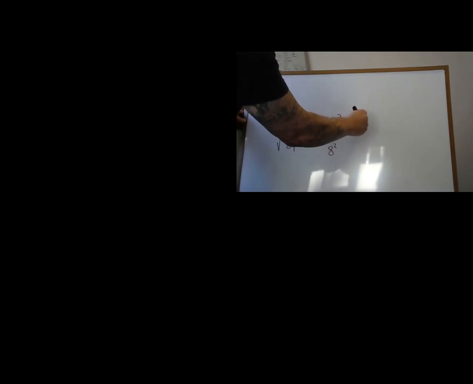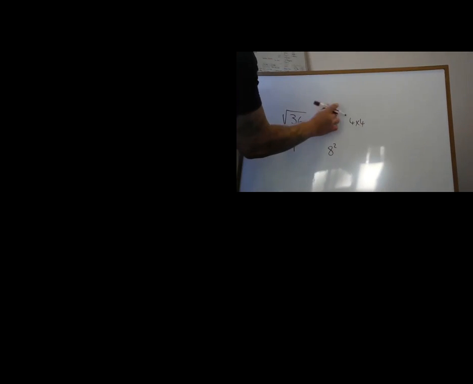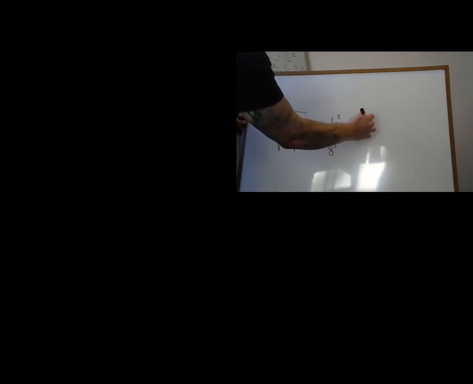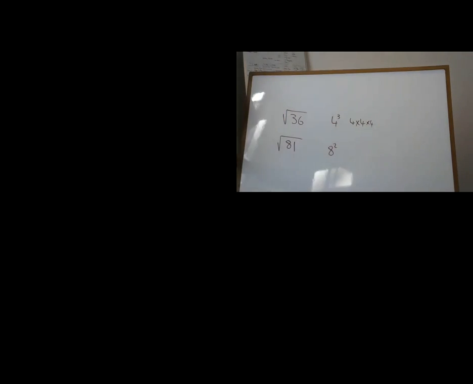Okay, so they're basically the inverse of each other. To figure out 4 squared, you could just write 4 times 4. If it was 4 cubed, it would be 4 times 4 times 4. So we know that 4 times 4 is 16.